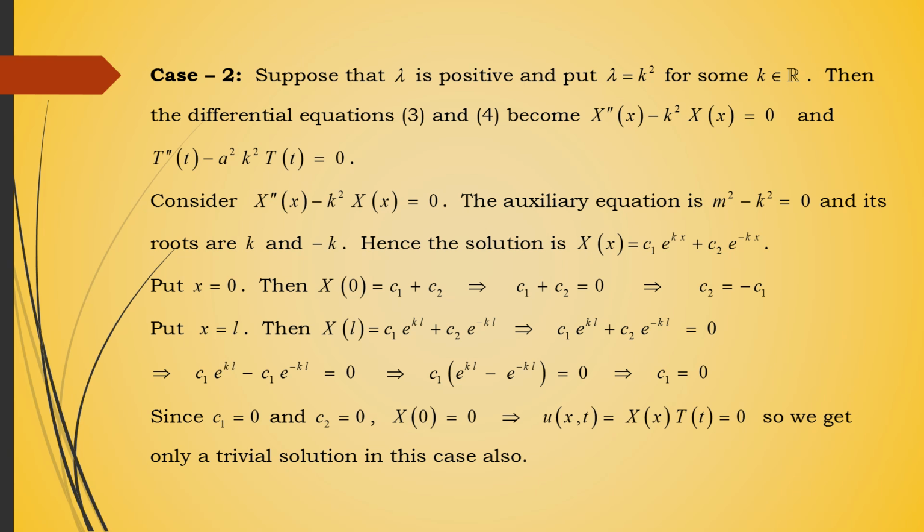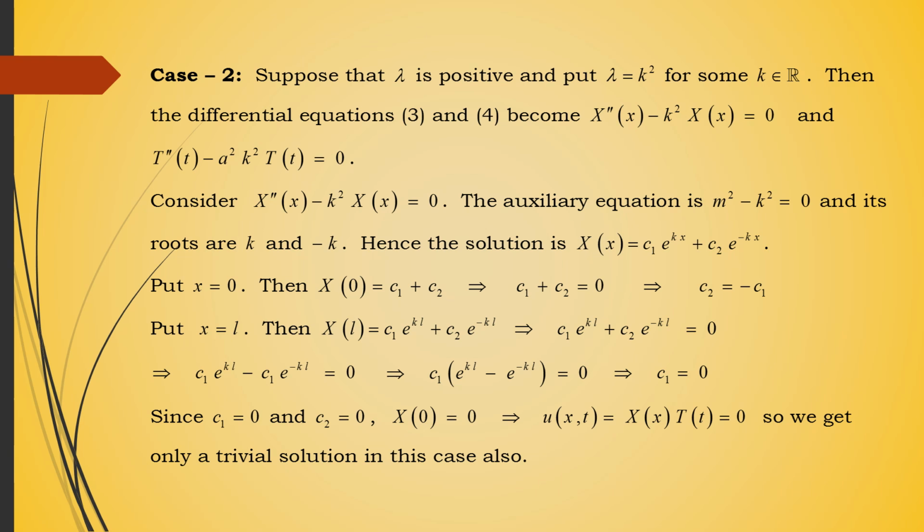Here substitute c2 equals minus c1. Then we get c1 e power kL minus c1 e power minus kL equals 0. If we take out c1, then we get c1 times (e power kL minus e power minus kL) equals 0. Since the exponential function cannot be 0, we get c1 equals 0. So we have shown that c1 and c2 are 0.